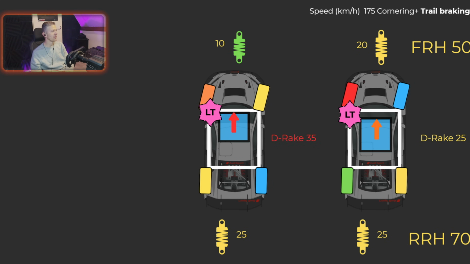So what if we were braking? Now load transfer also goes to the front. So imagine that the front left now needs to take up all the burden, okay? In this scenario, with the stiffer rear spring, this front tire might be picking up more load. But this is not necessarily from a steady point.